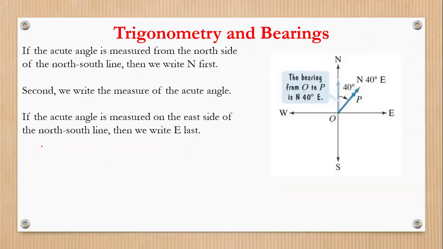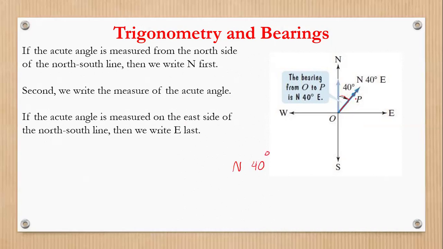For example, if you look at this picture, you will see that this ray creates a 40-degree angle with the north-south line. Since the angle is measured from the north, we put N first. The angle is 40 degrees, so I put 40 degrees.